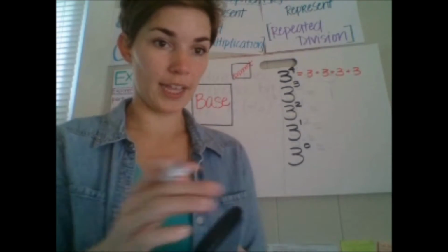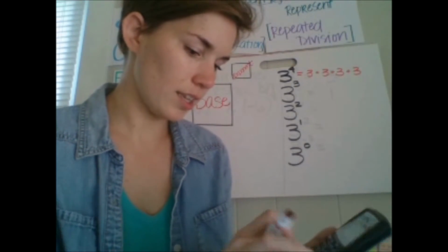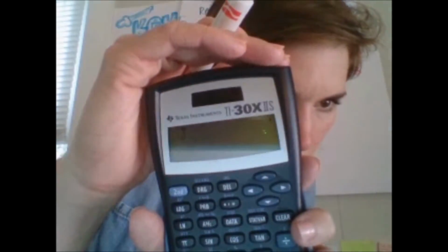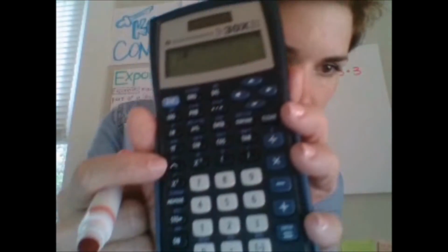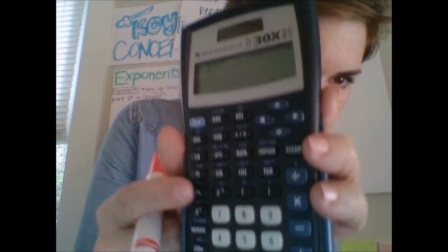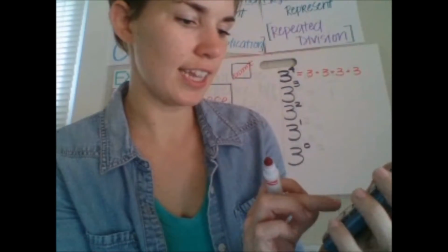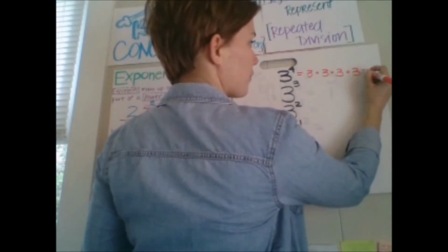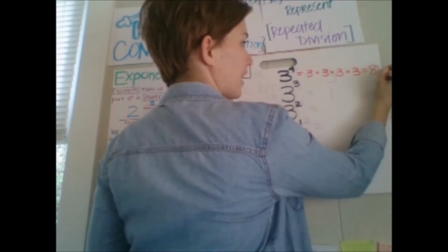I know you know how to multiply. So what we can do is we're going to type in 3, and then we're going to find a caret. Little caret. We're going to type in 3, and then the caret, and then 4. Okay, and then hit the enter button. And we get 81. So 3 to the 4th power equals 81.